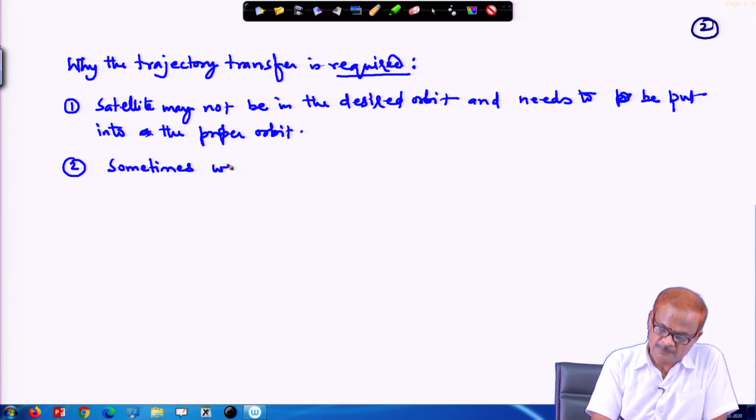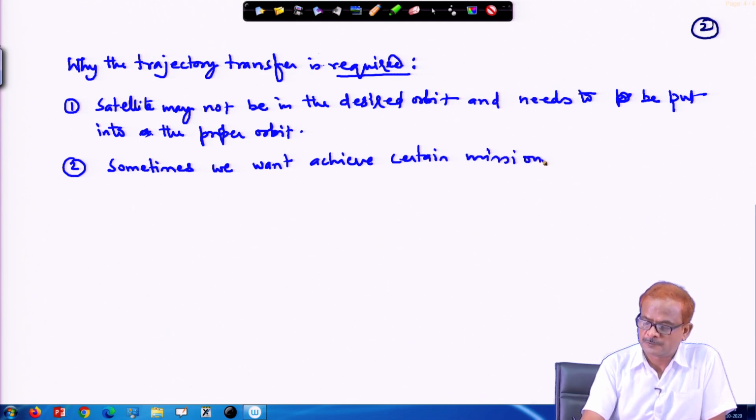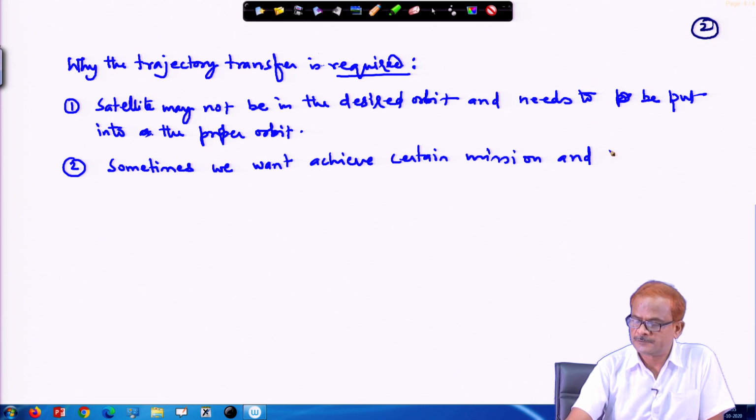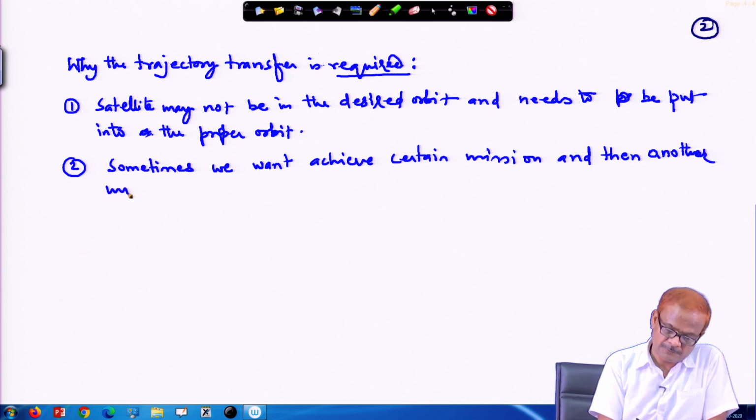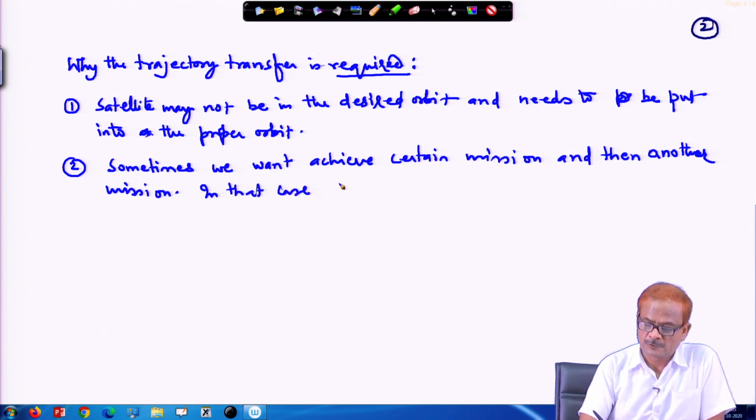Sometimes we want to achieve a certain mission and then another mission. In that case, trajectory transfer is required.